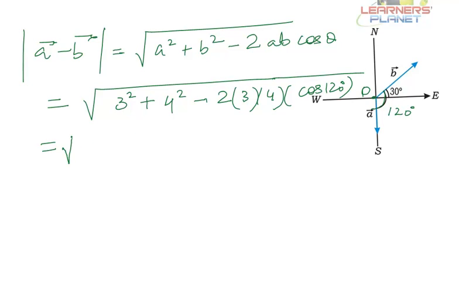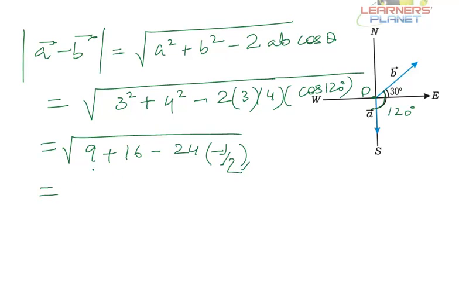So this value is 9 plus 16, then minus 2 into 3 is 6, 6 into 4 is 24, and the value of cos 120 is minus half. So this is 25 plus 12, which is under root of 37. So the magnitude of A minus B vector is root 37.